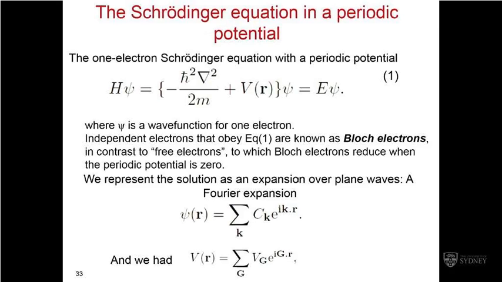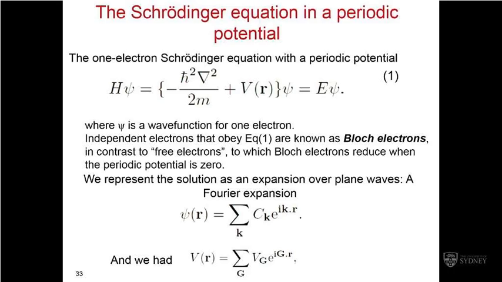In a periodic system, these psi will become Bloch waves, and our electrons are called Bloch electrons, after the famous person that developed this formalism.